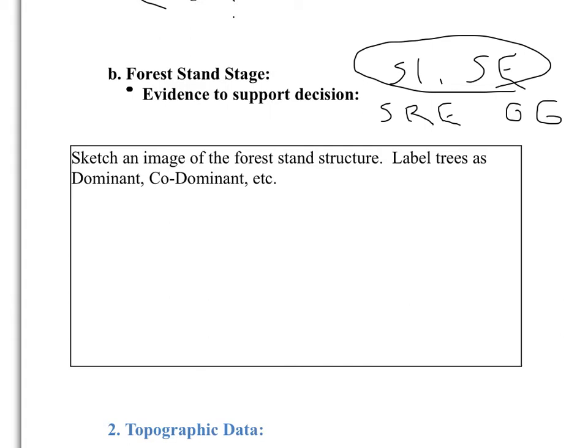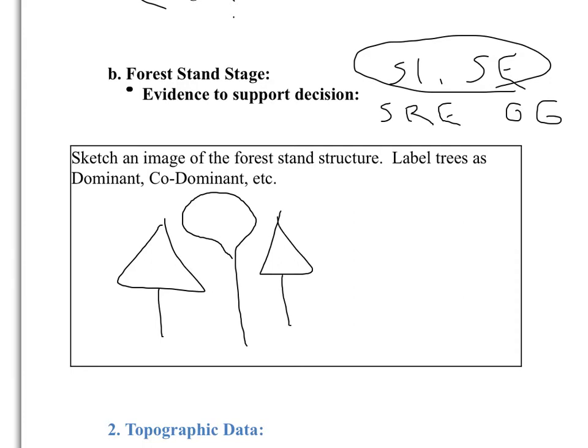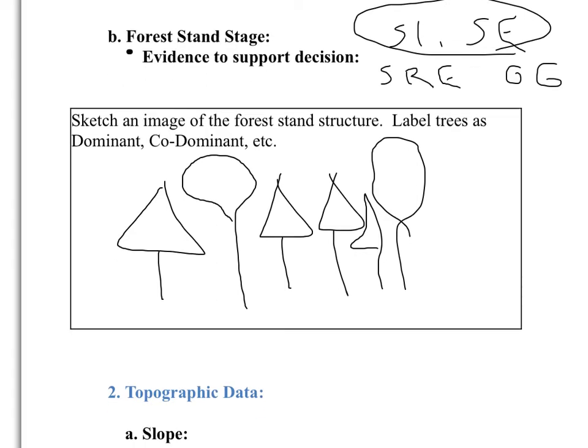So you're going to look at evidence of what you know from those stages so far to help you support what stage the forest is at, and then sketch an image of the forest stand. Just a simple one stick is always the easiest when we're just generalizing the stand, what it looks like. So you'll sketch that out, a rough estimate of what the forest stand looks like.